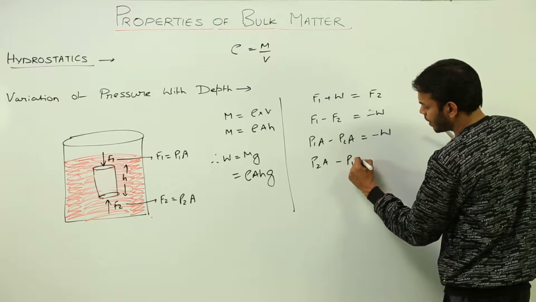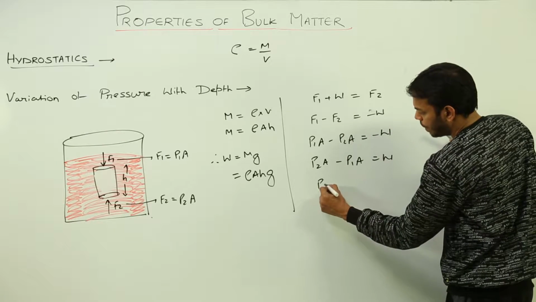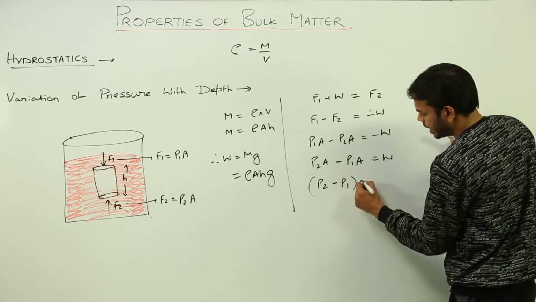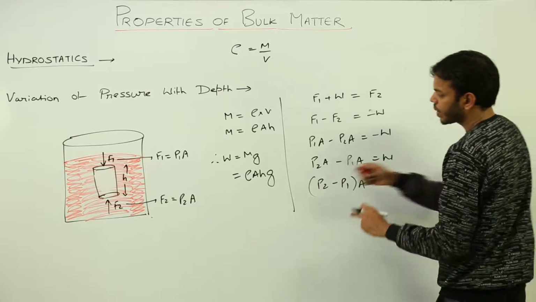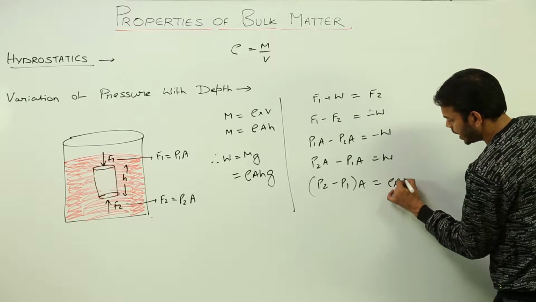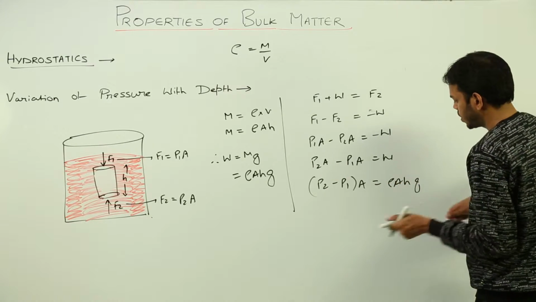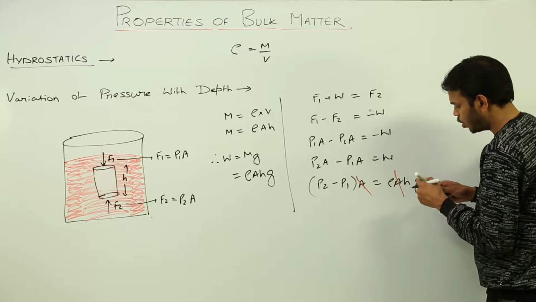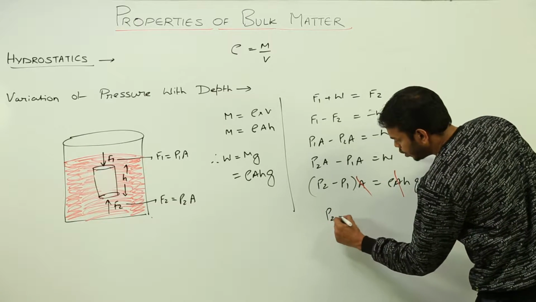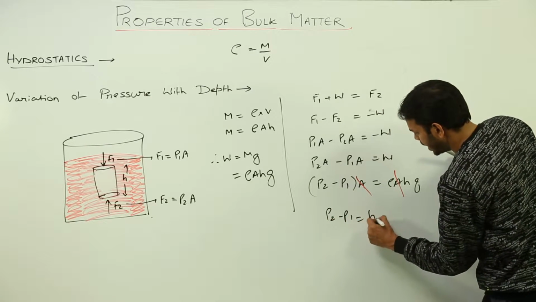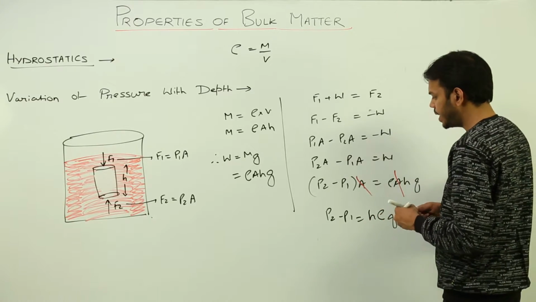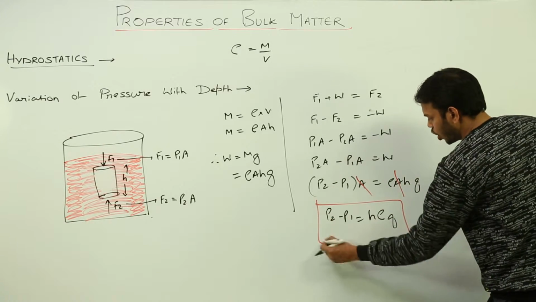P2A minus P1A is equal to W. P2 minus P1 is equal to rho A H g divided by A. A cancels out and you are left with P2 minus P1 is equal to H rho g. This is the pressure difference inside the liquid column.